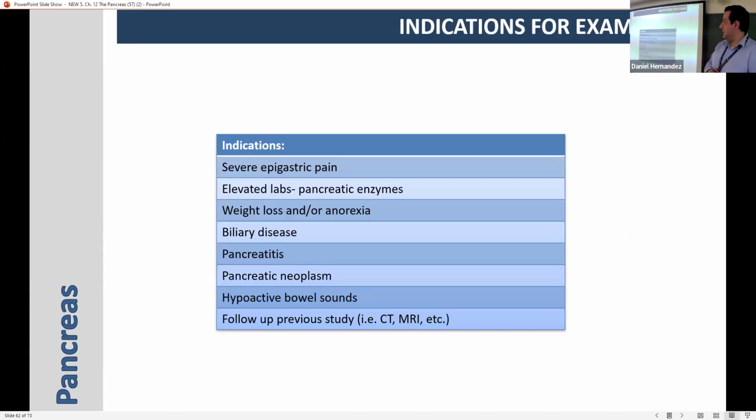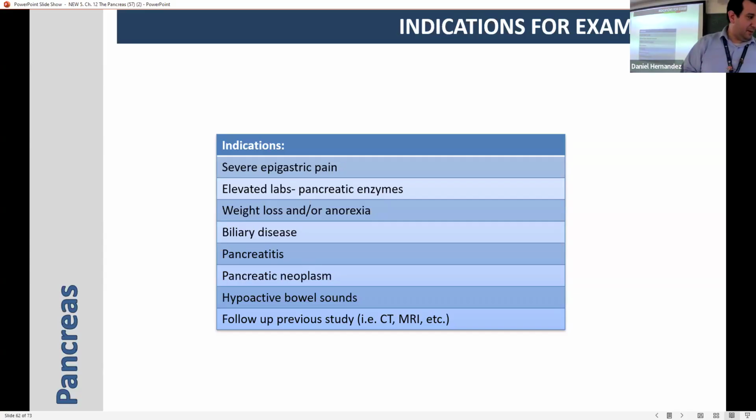So again, some of the common indications for performing an exam to assess the pancreas: definitely epigastric pain, elevated pancreatic enzyme labs, weight loss, loss of appetite, presence of known biliary disease.